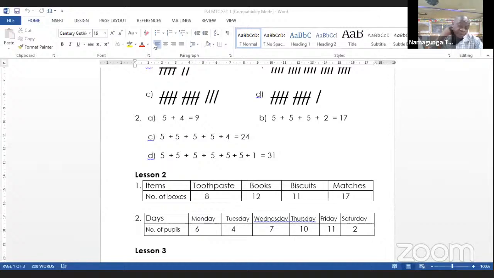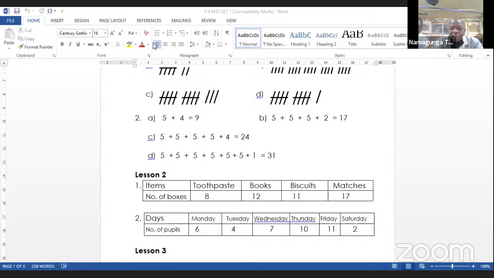Then, once you do that, you have done the best. That means you will have understood how to represent the information given in a table. Okay, we move on. Any question?